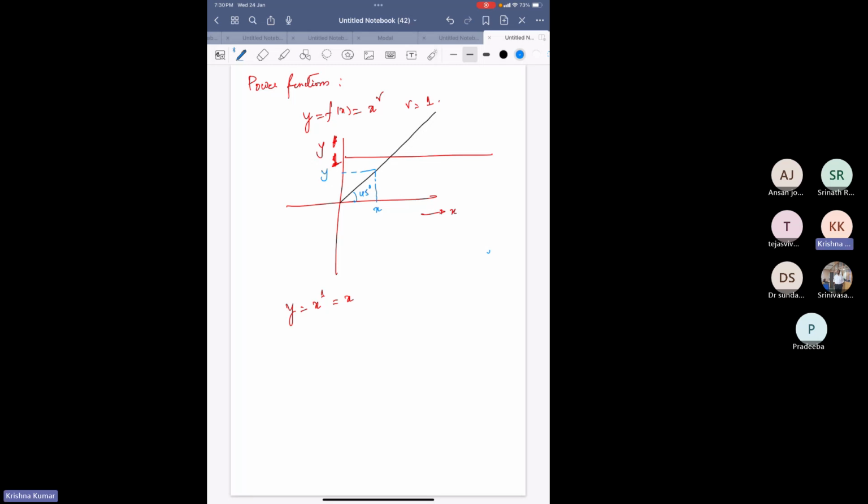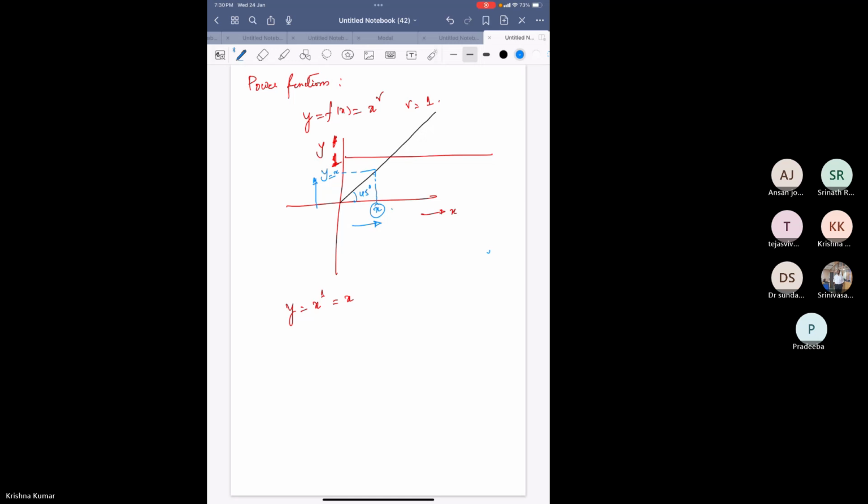If you draw this line, as you move towards x and go to this point and hit the curve, you would have moved exactly the same distance in this direction. So r is equal to 1 is a straight line. Clear?